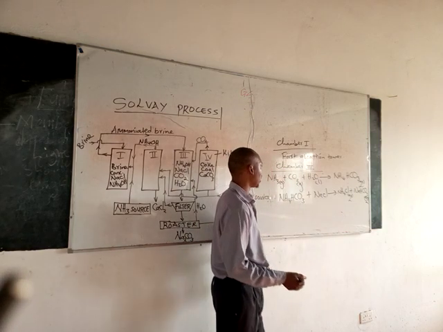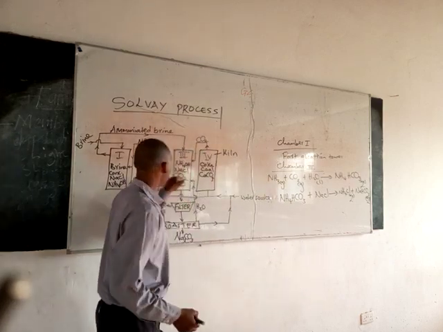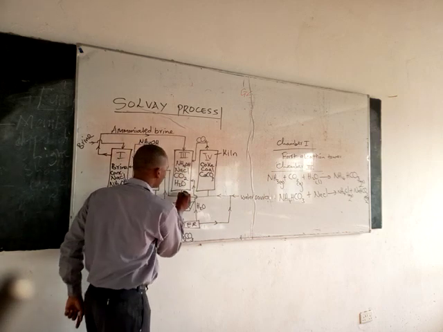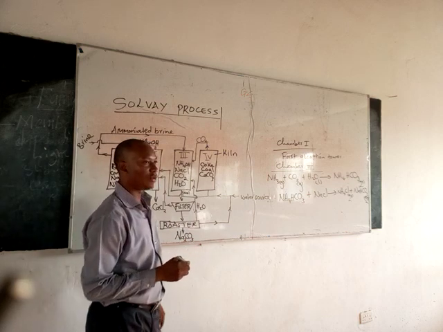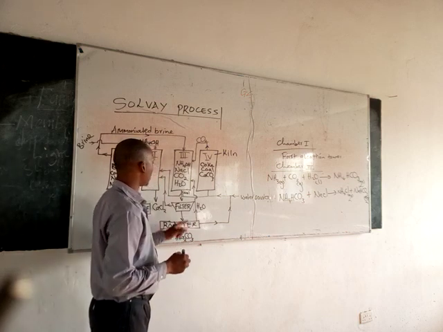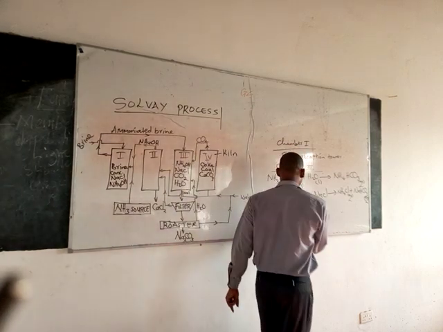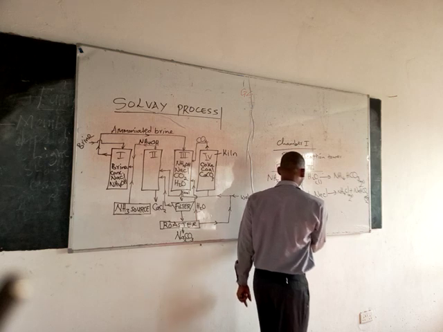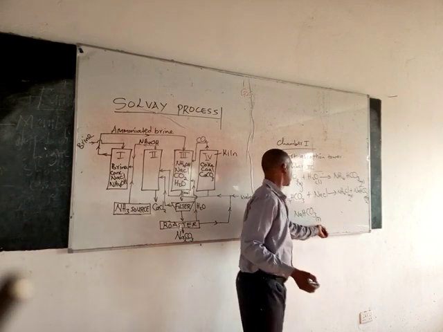So the next step here, when the four substances react, there will be a cooling before the mixture leaves. When the cooling is done, sodium hydrogen carbonate crystallizes, and of course it forms some crystals, so it changes to solid.